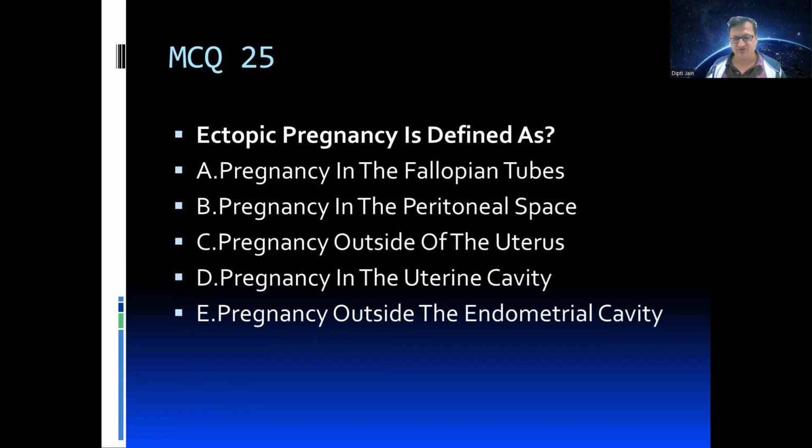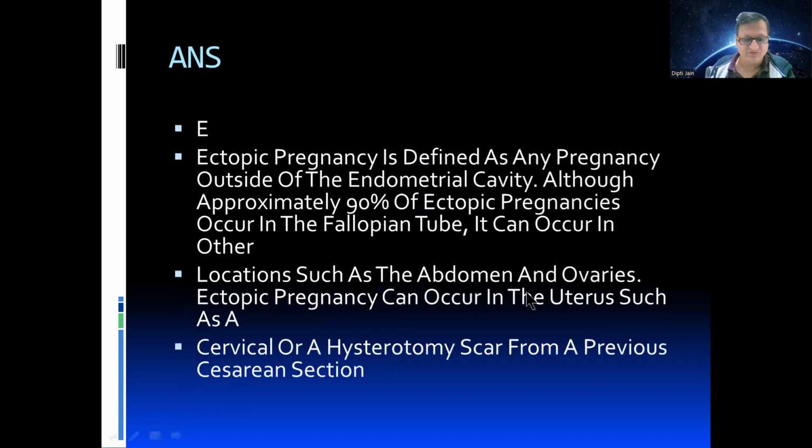Interstitial pregnancy or cesarean scar pregnancy is also ectopic pregnancy. If it is inside the endometrial cavity, then only it's an intrauterine pregnancy. Otherwise, it's an ectopic pregnancy. So this is all about the ectopic pregnancy.